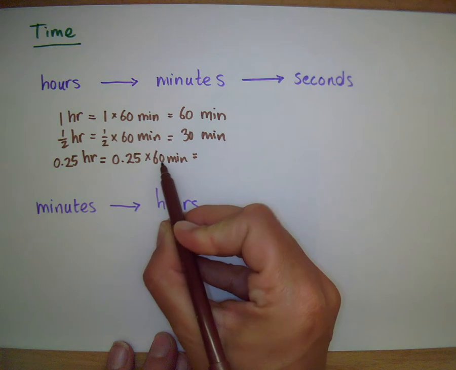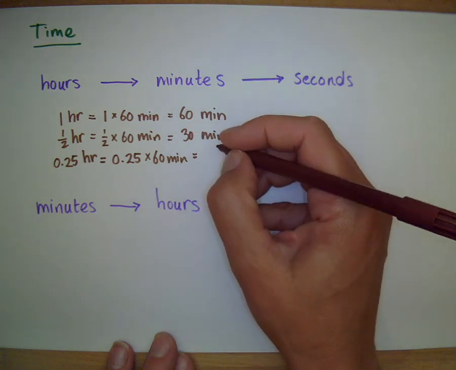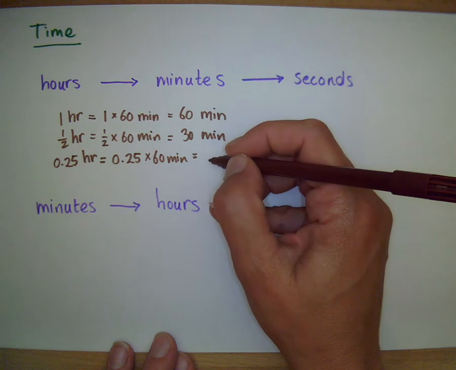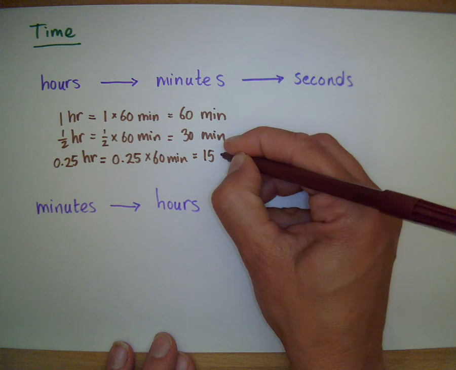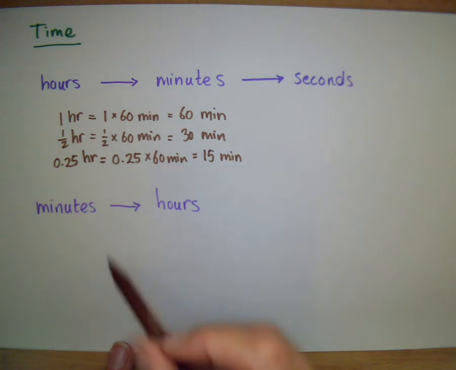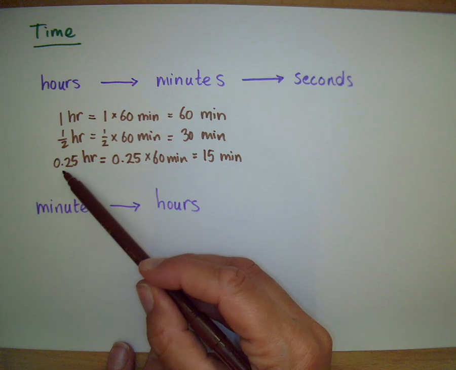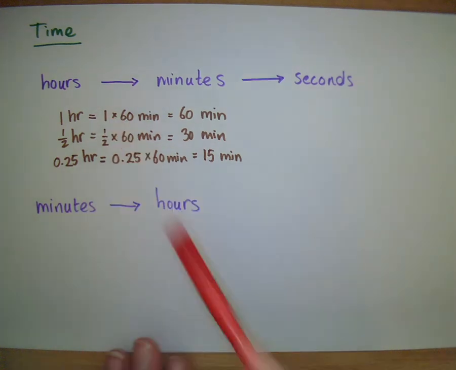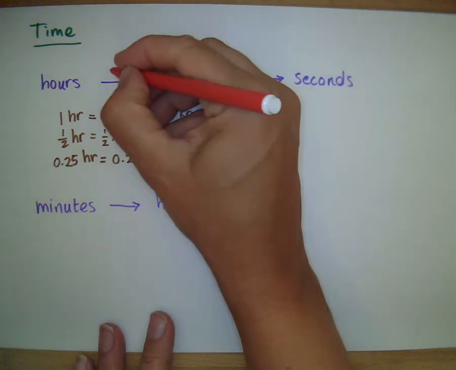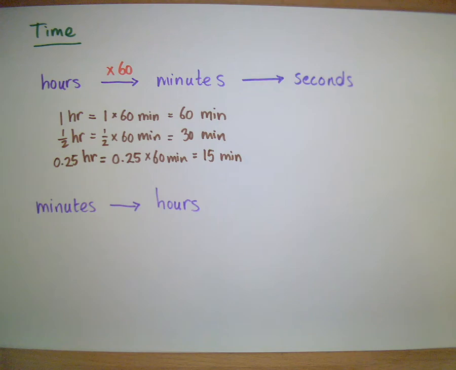That's 1/4 of 60 minutes, and that's 15 minutes, right? So in this way, we can change any number of hours into minutes by multiplying by 60, right? That's what we did over and over and got the number of minutes.